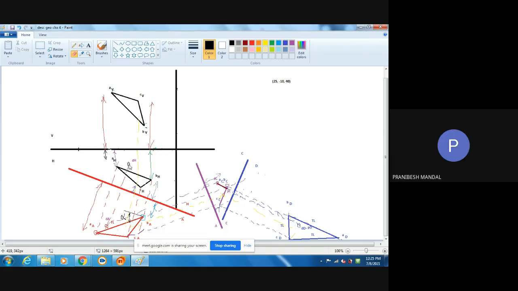Now we do not have this point. We do not have this point at all. No problem.